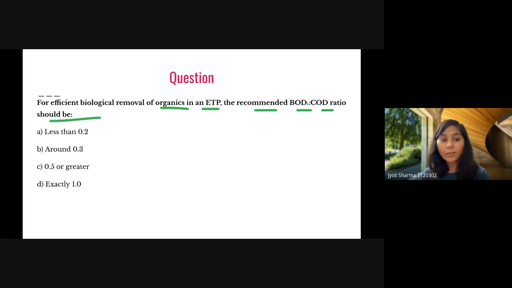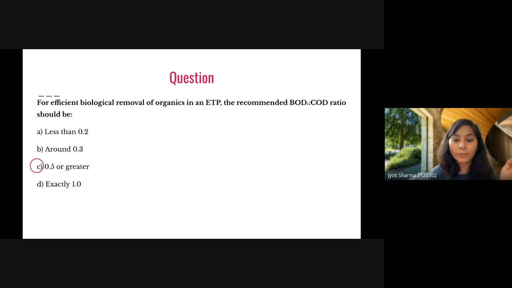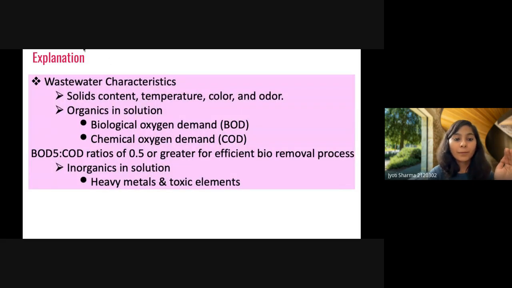Diya and Venkateshwara gave me answer C. So yes, this is C. Whenever we want to remove some organic compound, we first have to see the BOD and COD content, and if the ratio is equal to or greater than 0.5, then we can effectively remove this organic compound in an ETP. So C answer is the right one. Here it is also written that it is good whenever we have a ratio of 0.5 or greater.